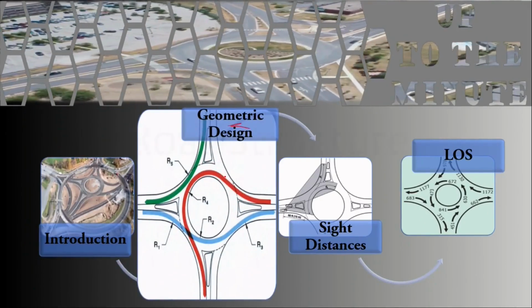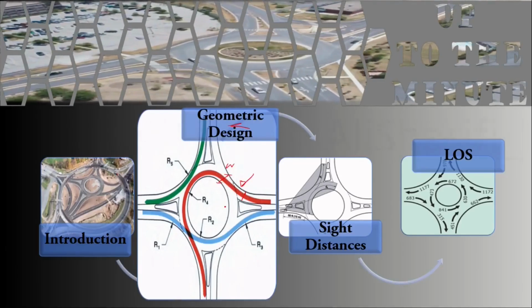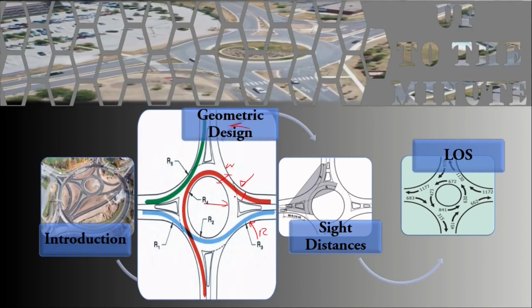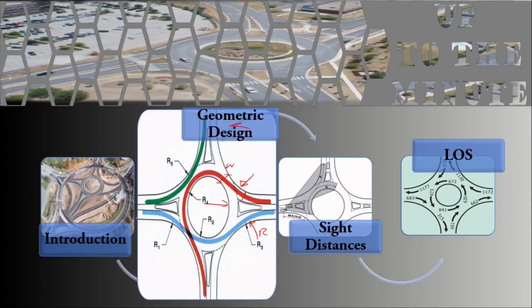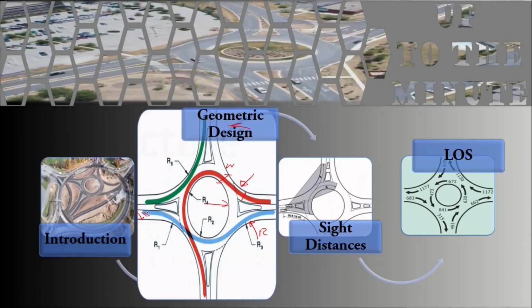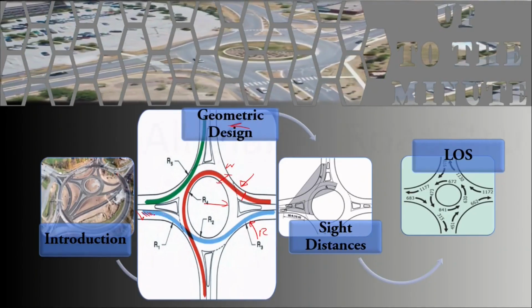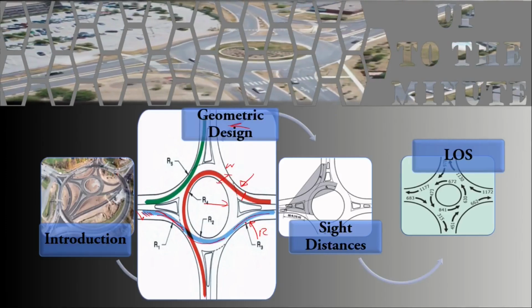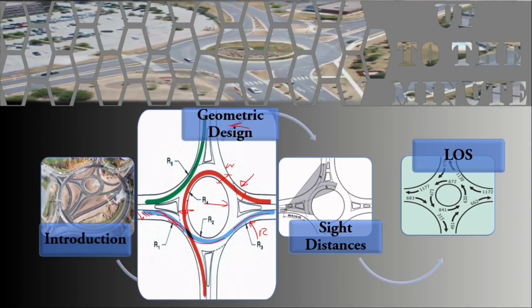The subjects are how to determine the width and the radius of different elements and considerations on position and alignment of approaches. Also, a vital part: how to draw the fastest path and check the speed consistency between consecutive reverse curves and also between different movements within the roundabout.